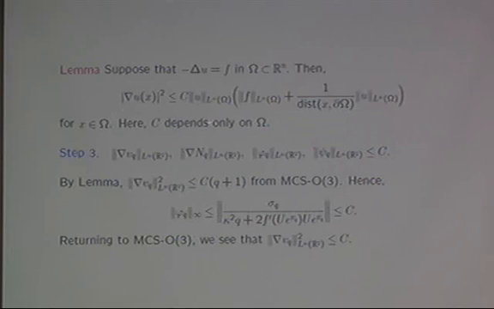So at this point, we need an interior gradient estimate like this one. If we have this equation in Rn, then we can have a pointwise estimate of gradient u bounded by this quantity.